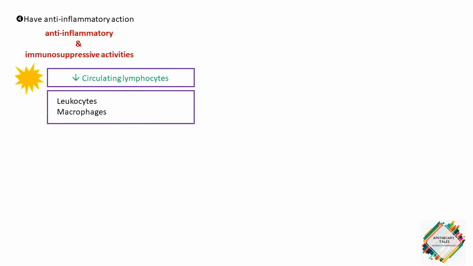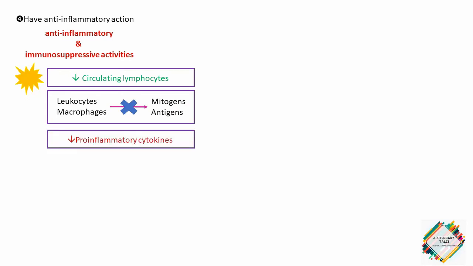The lowering of circulating lymphocytes is known to play a very important role. In addition, these agents inhibit the ability of leukocytes and macrophages to respond to mitogens and antigens. These glucocorticoids also decrease the production and release of the pro-inflammatory cytokines.